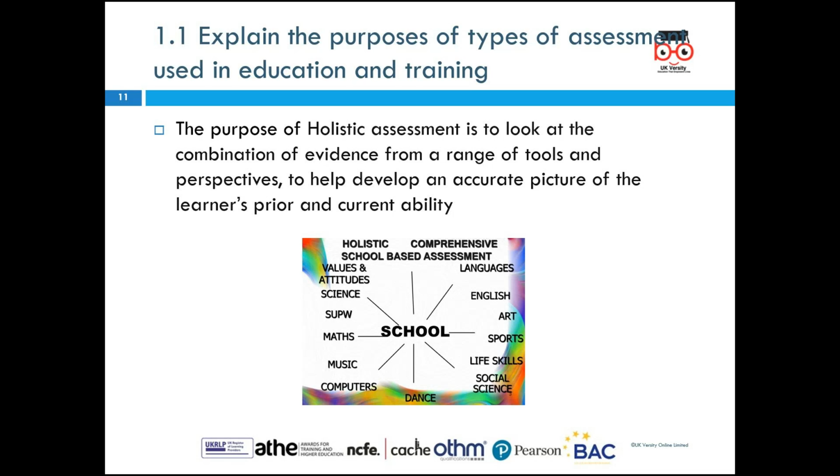But for you, if they're always talking to you and having big conversations, while you're sitting there talking to them, you could turn around and say, can you count how many flowers are on that bush over there? Then they might just count from 1 to 10 for you. So it's doing that assessment using different tools and different settings, rather than the formal setting where you're in a room on your own or in a hall on your own. You're using the playground and the things around you. So this will help you to get a good picture of what their prior ability is and also of their current ability at the moment.